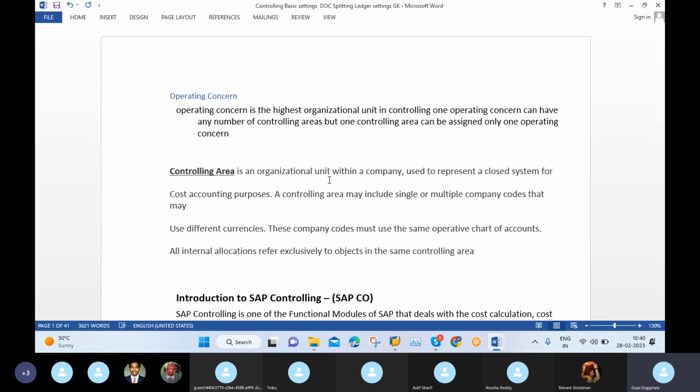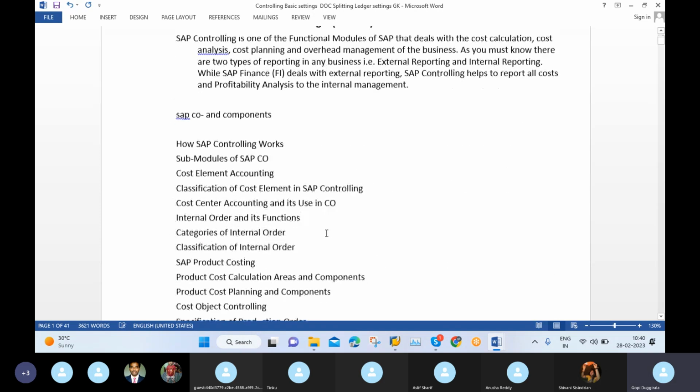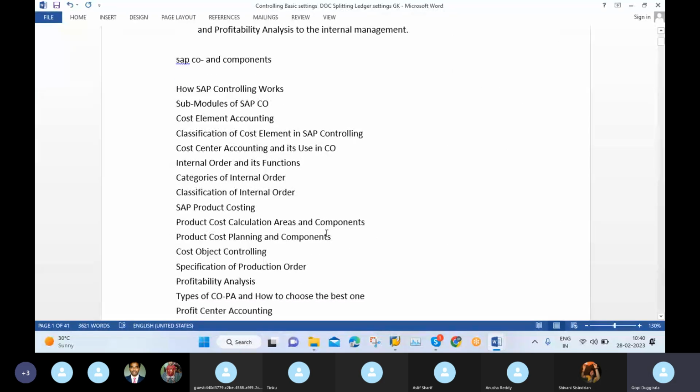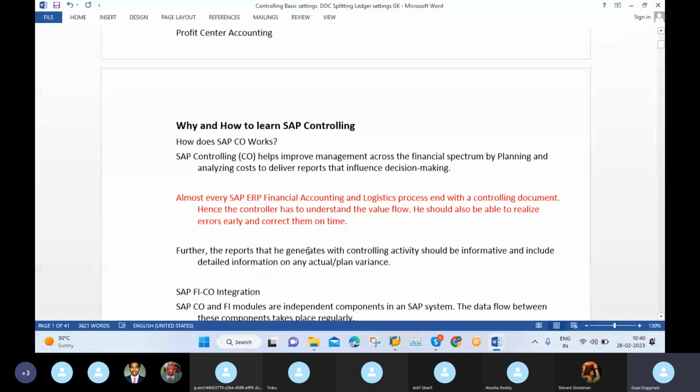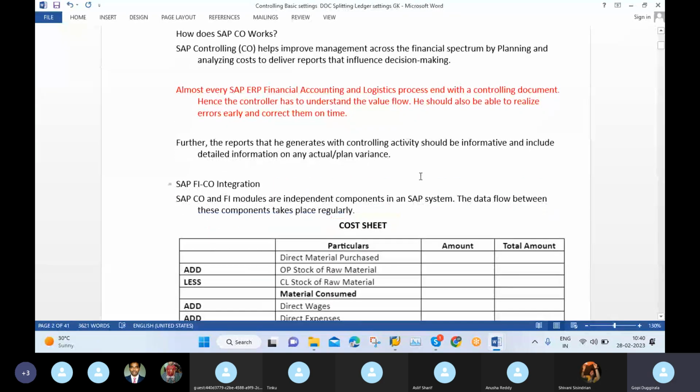How many controlling areas can we maintain in a group, and within that controlling area how many company codes can we assign, and what is the basic condition. It means the same operative chart of accounts is required. And later, what is the necessity to maintain the controlling module, and how we will control the cost by using the controlling module in SAP. If you know these things, then you will be fine.